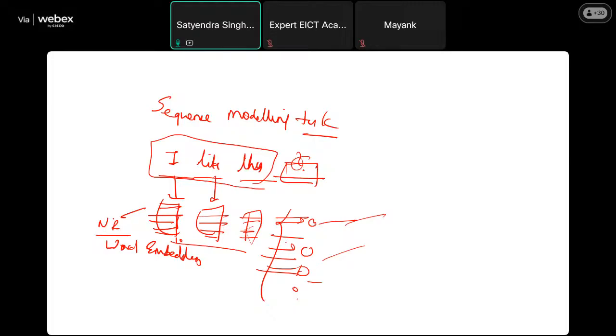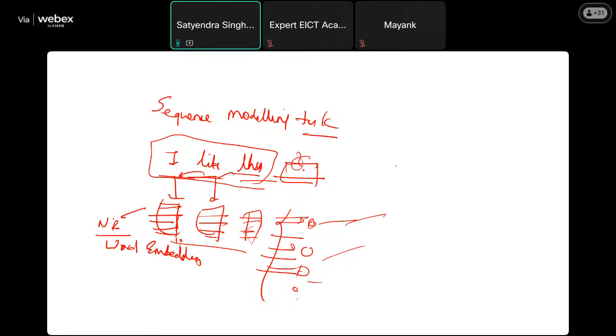There are various problems with this approach. One is that the basic ANN network does not have a notion of ordering. For example, in this sentence, "like" is coming after "I," and this is coming after "like." In an artificial neural network, there is no notion of ordering.